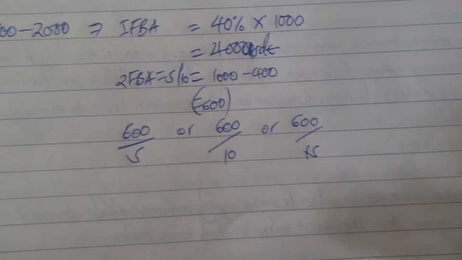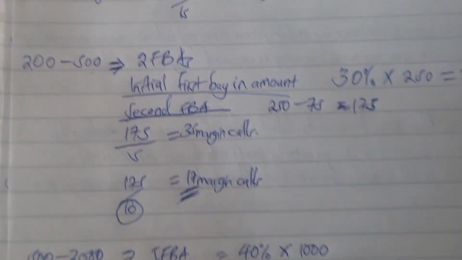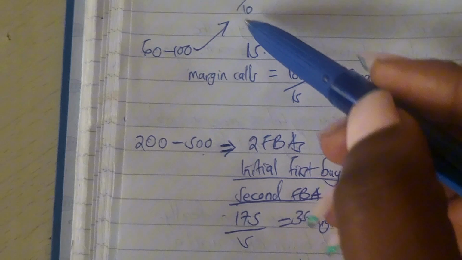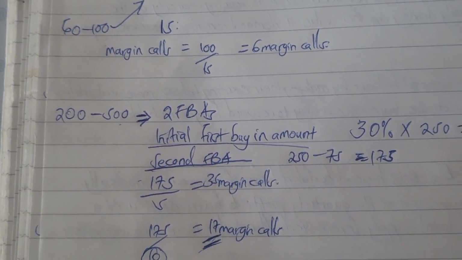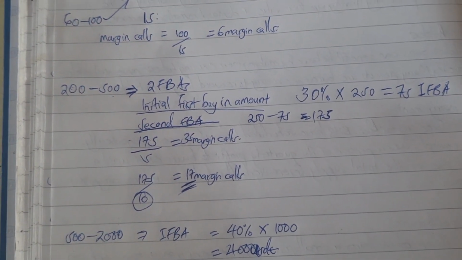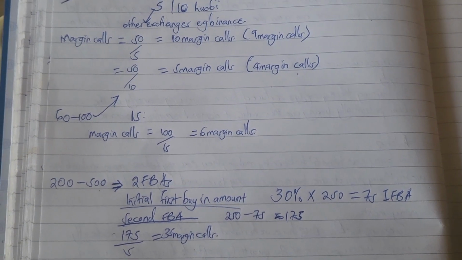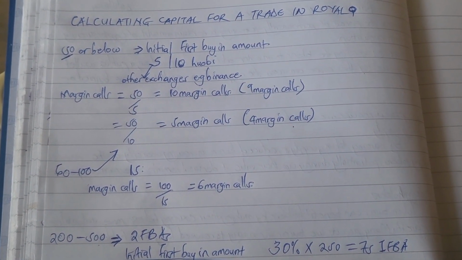Remember we said that our first buying amount can go up to 15 if your capital is $100 and above. But if your capital is below $100, my sister, stick to $5 as your first buying amount, or $10 if you use Huobi Exchange.